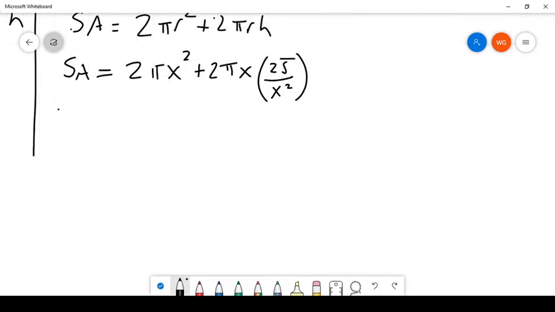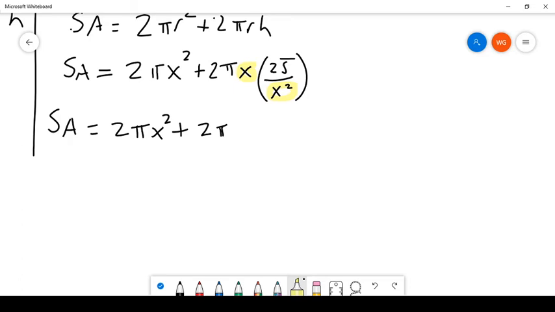So surface area will equal 2 pi x squared plus 2 pi. Now look at these x's, right? Check these x's here. We got an x and an x squared.